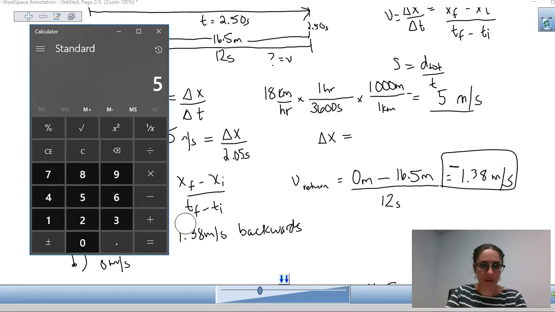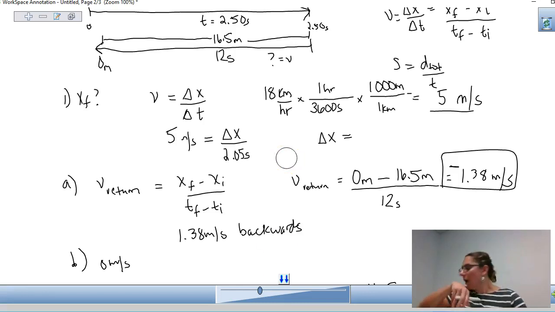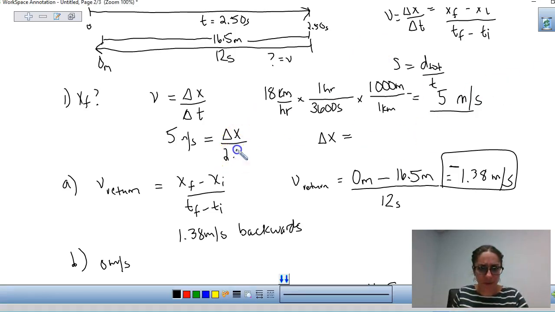Divided by 3,600, right? 5, okay. Times 2.05. Or is it 2.05 or 5? Now I gotta check. 2.5, oh man. My apologies about the numbers. 2.5. There we go.